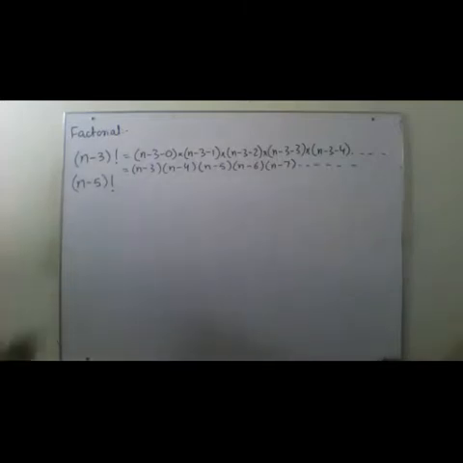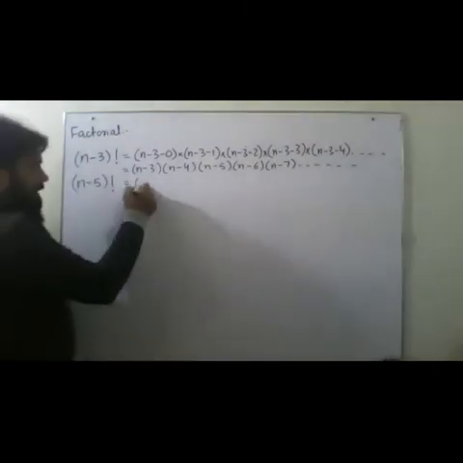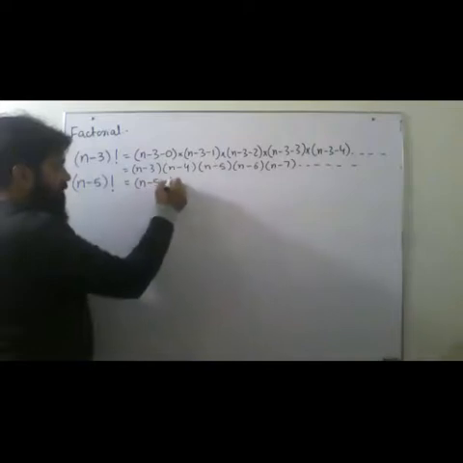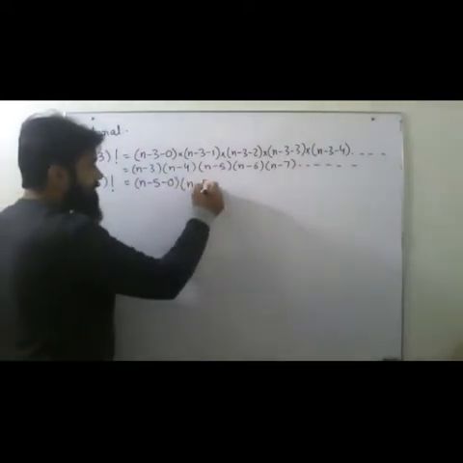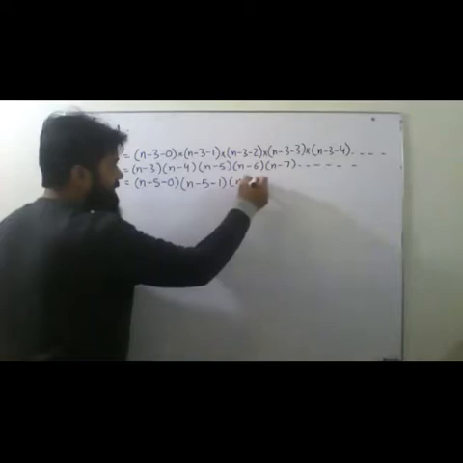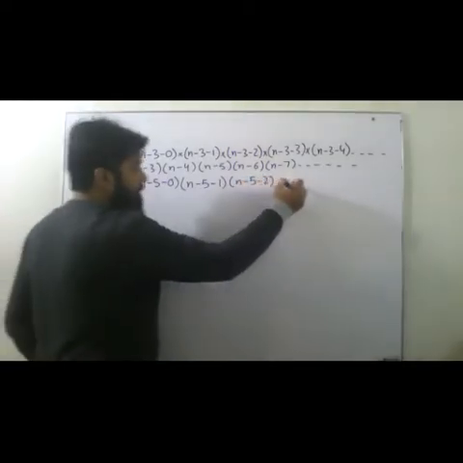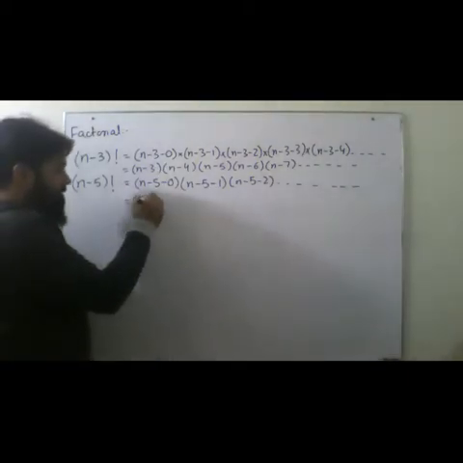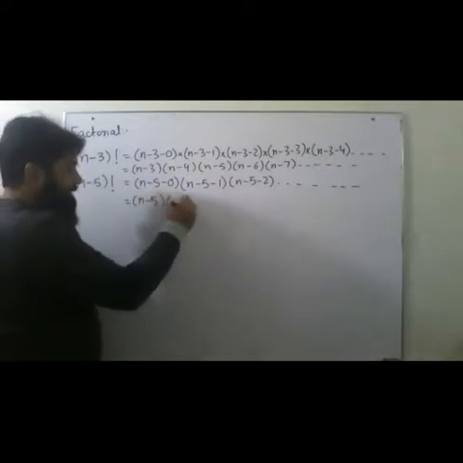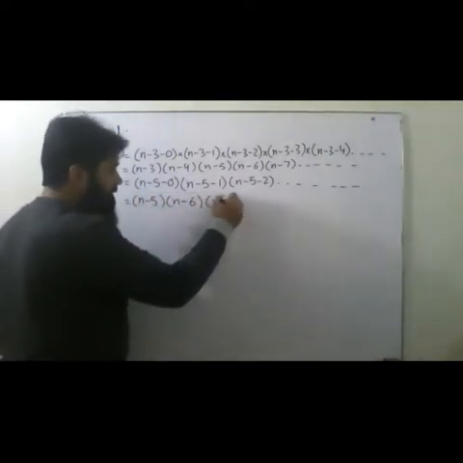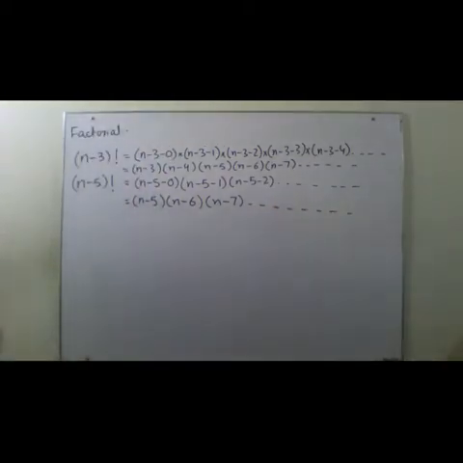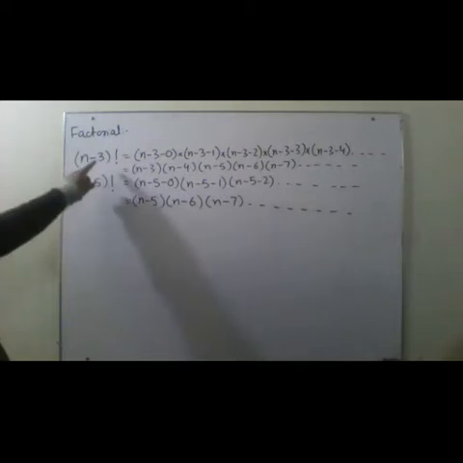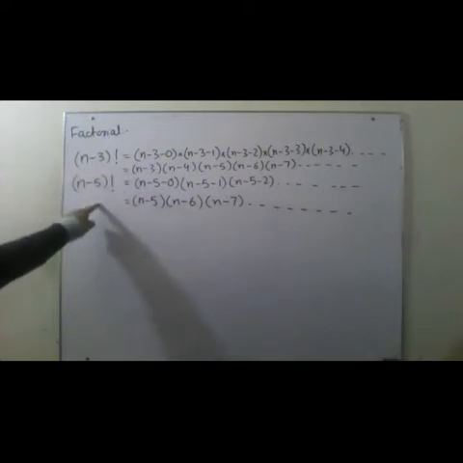Okay. Now, starting with this one. n minus 5 minus 0, n minus 5 minus 1, n minus 5 minus 2, and continue. Okay. So when I simplify it, n minus 5, n minus 6, n minus 7. Okay. So now n minus 3, n minus 5.